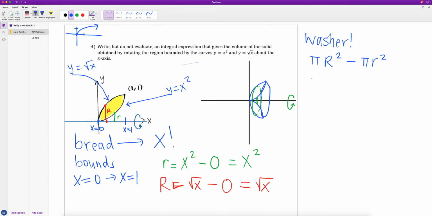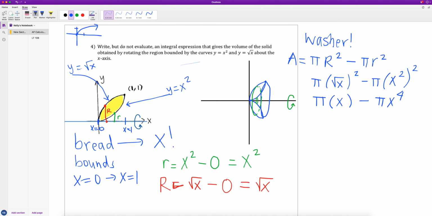So to set it up for our problem, we're going to get pi times square root of x squared, since the square root of x is my big radius, minus pi times my little radius squared, which is x squared squared. Let's simplify that down. I end up getting square root of x squared to just be x, minus x squared squared is going to be x to the 4th. This is going to be my area of my cross section.